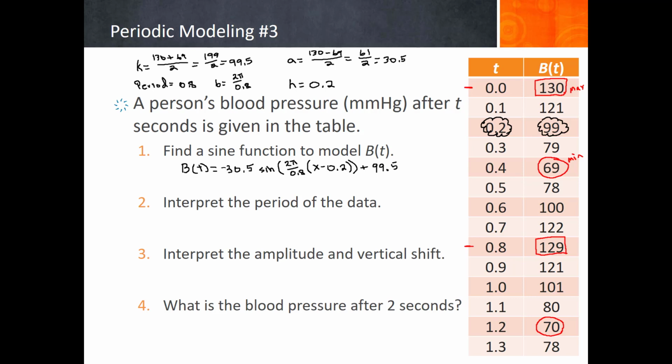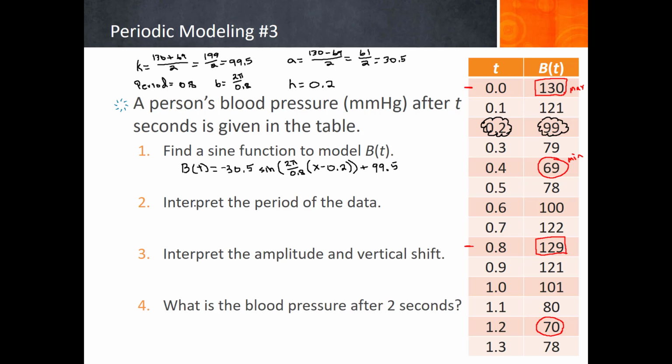So we have a couple of questions here on interpretation. So what does the period of the data represent? Well, we know the period was 0.8. And remember, period tells you how long it takes to complete one cycle.